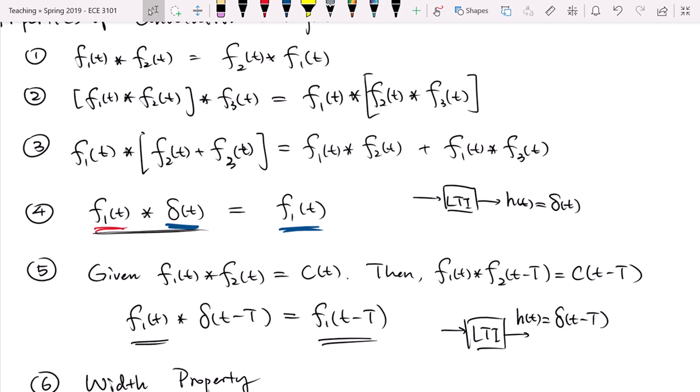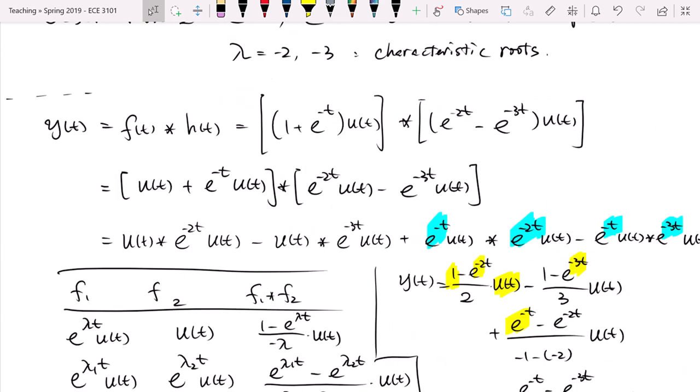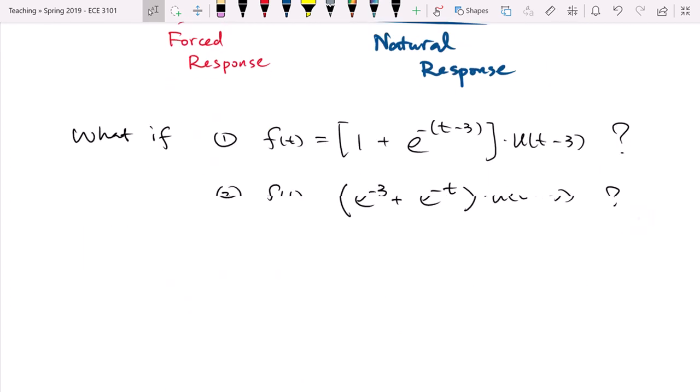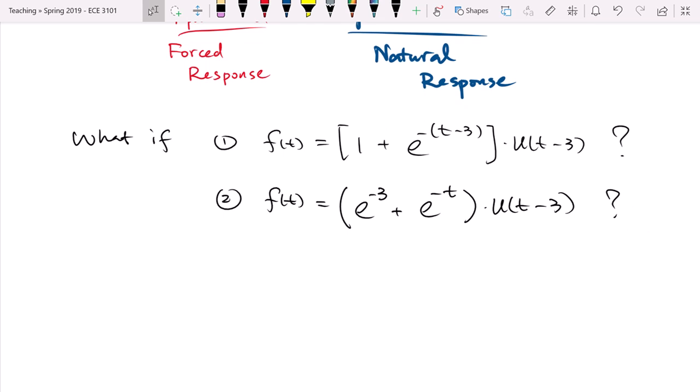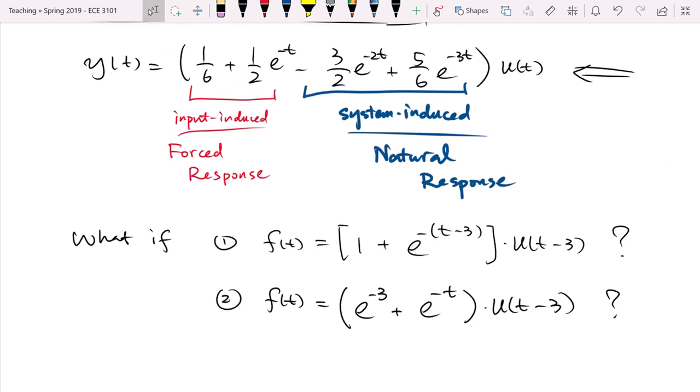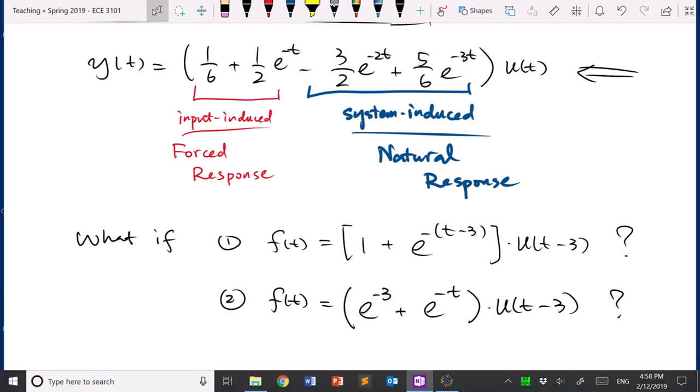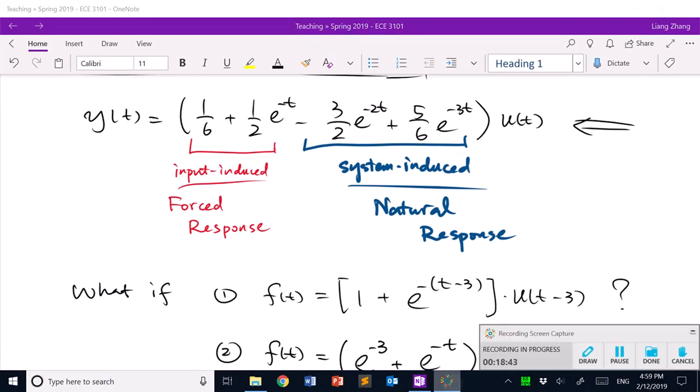So mathematically, if you go through the math, you'll be able to find the result. Another approach is to utilize the property that the system is linear and time invariant and reuse what we have derived above. Okay. So this is the end of this second lecture video.